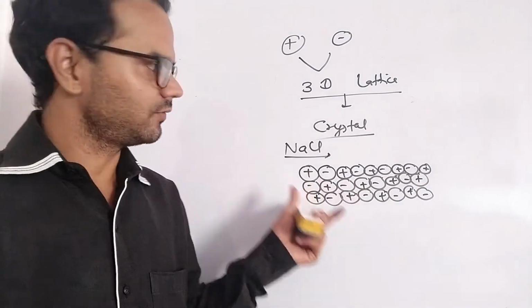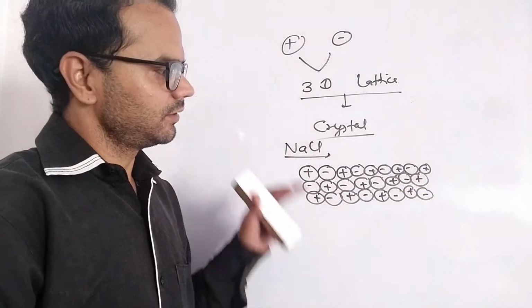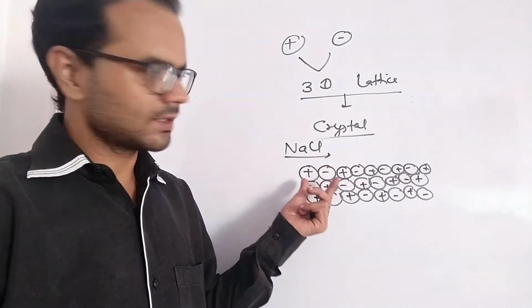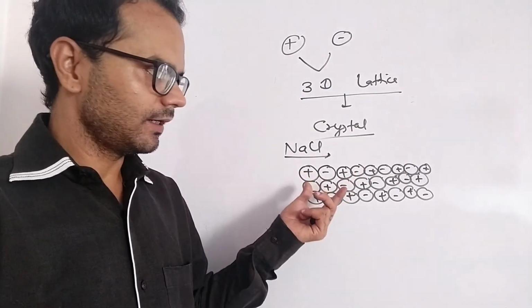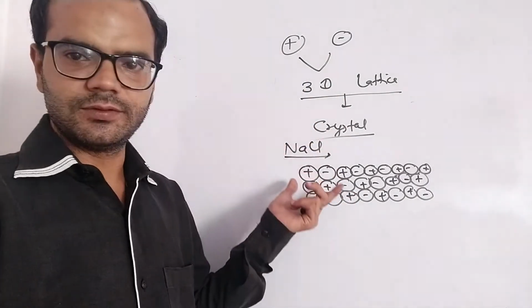This is the lattice of sodium chloride. We can see there is a tight arrangement, a definite arrangement, a systematic arrangement of ions. As a result, a 3D crystal is formed.